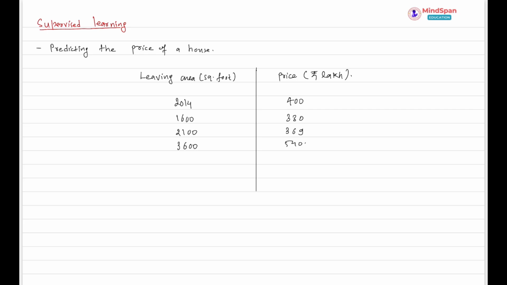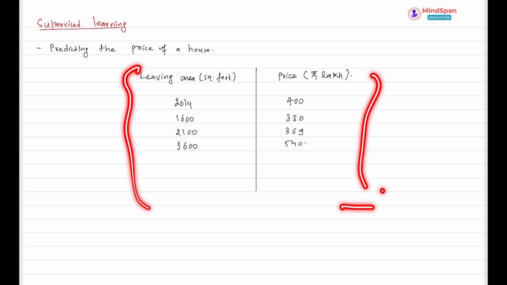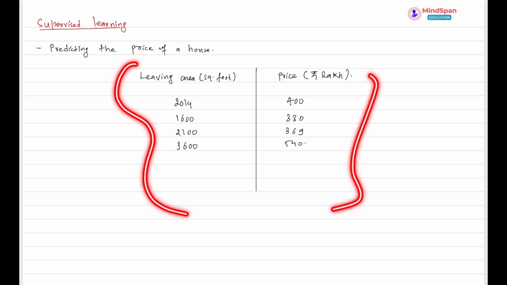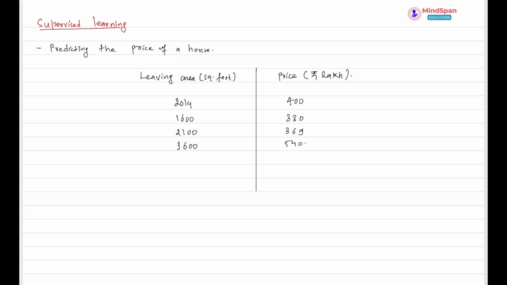And where have these data come from? From the past data, where maybe we have done some manual entries. So these are the past data, and that is what we are going to call training data, because we are going to use this data to train our machine.